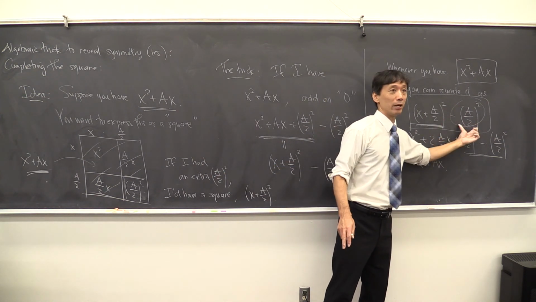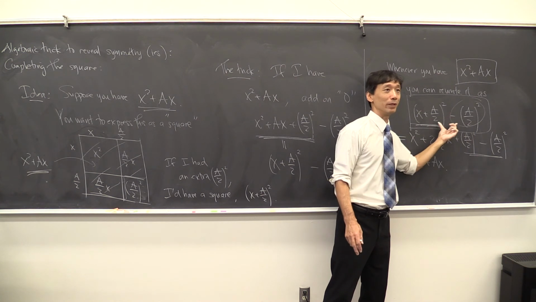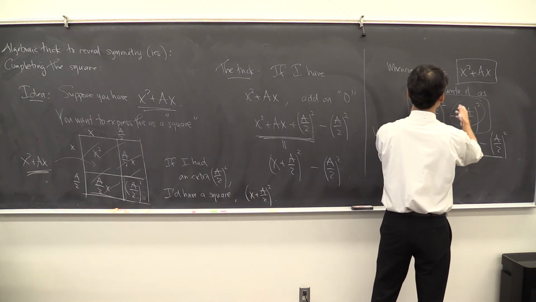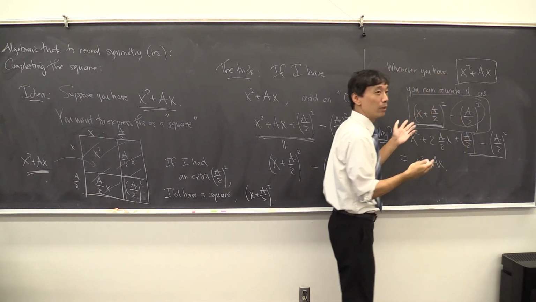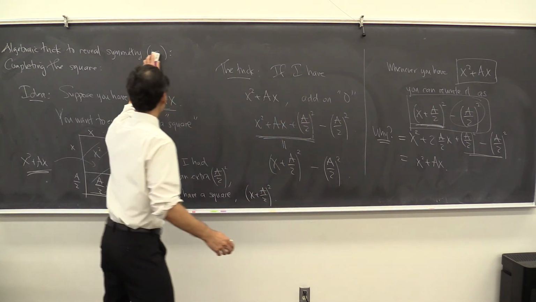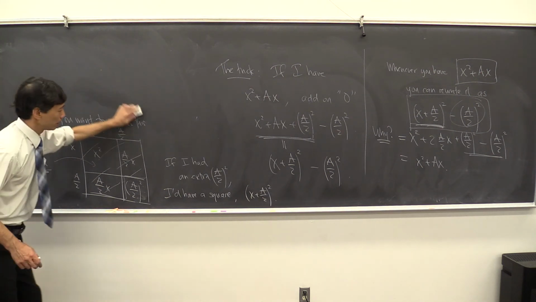You need to subtract that off because you can't just add things whenever you feel like it. But then you do get your completed square. Let me do an example or two, and hopefully that will make it clear.